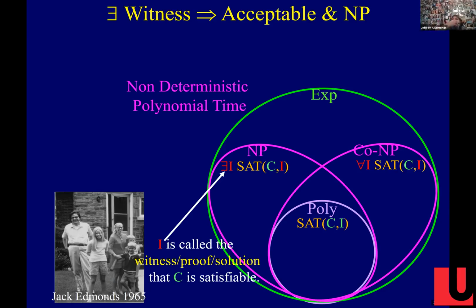In fact, in 1090, we did an algorithm called Davis-Putnam, which says, I want to know whether this circuit is satisfiable. So I'm going to start with one of the variables, and I'm going to try setting it to true and simplify it.